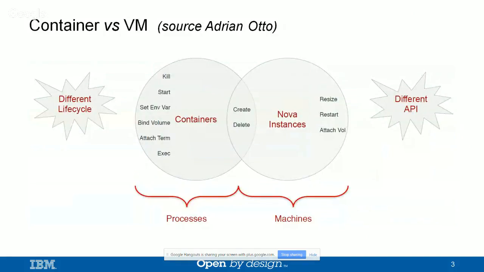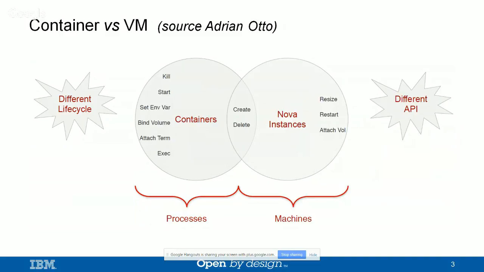Now, to step back a little bit, when we start to look at containers, the first reaction is that it looks like a VM, so we can just treat it as a VM, and then it's nice and simple, and we're done. That's how the Docker driver for Nova came about in the first place.